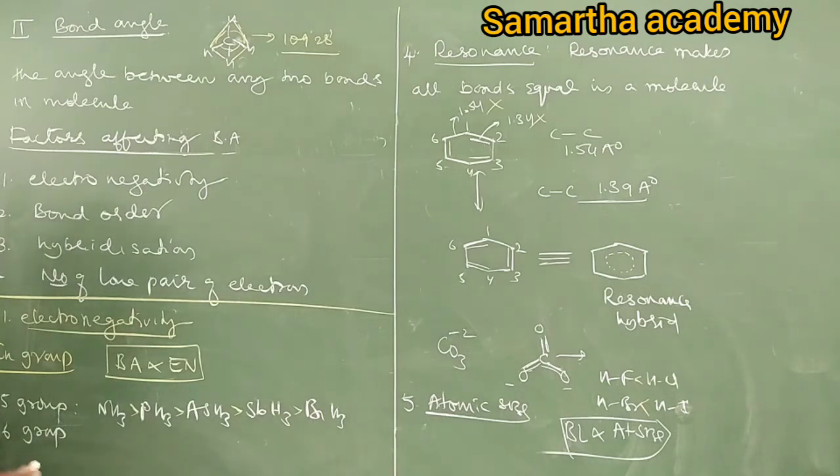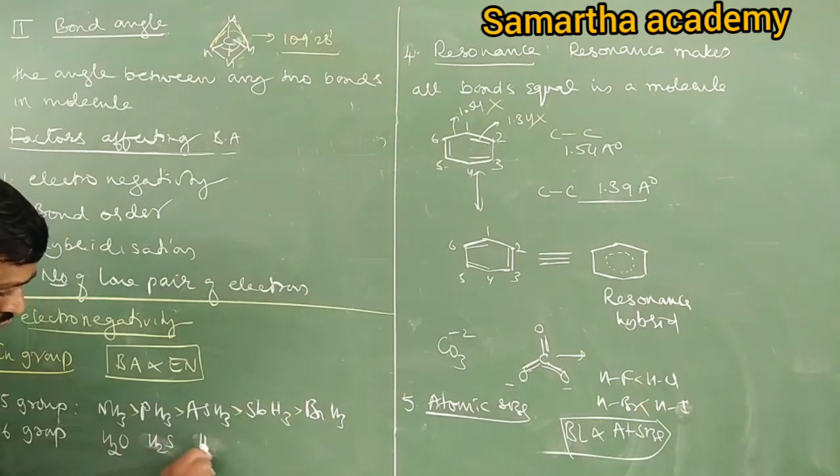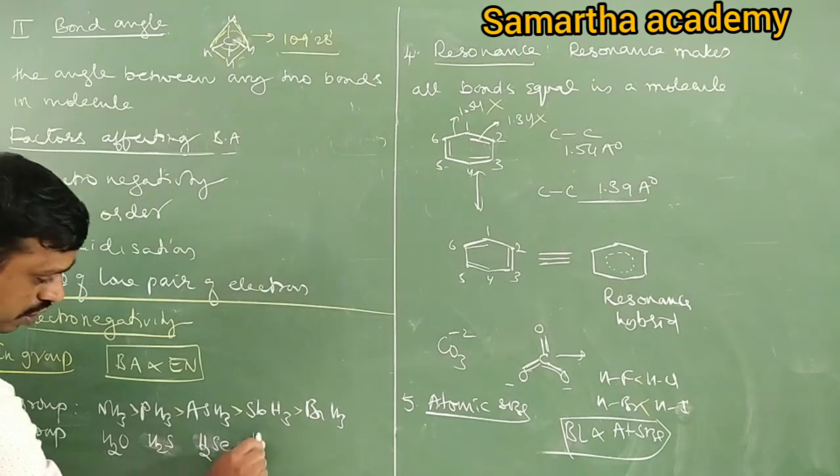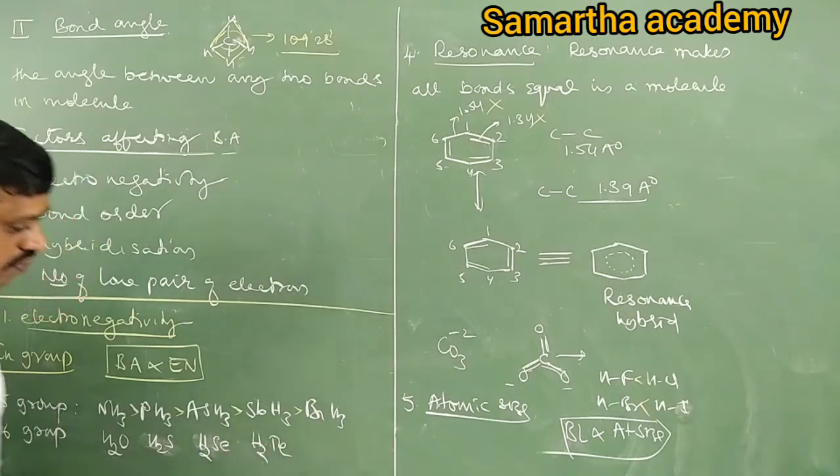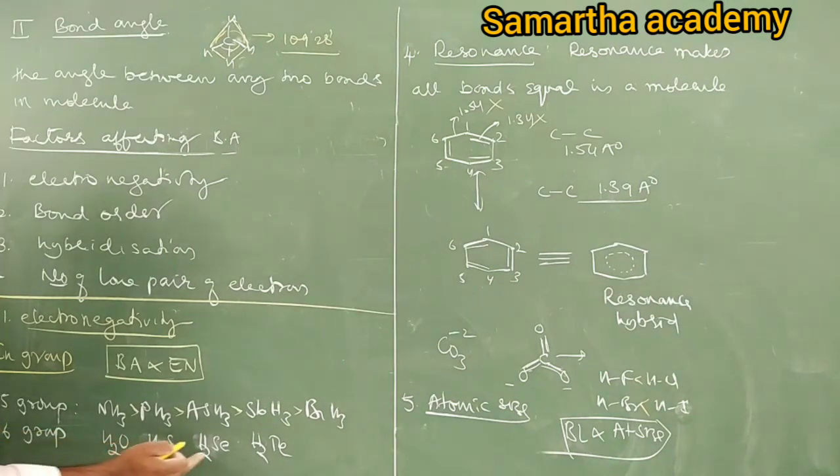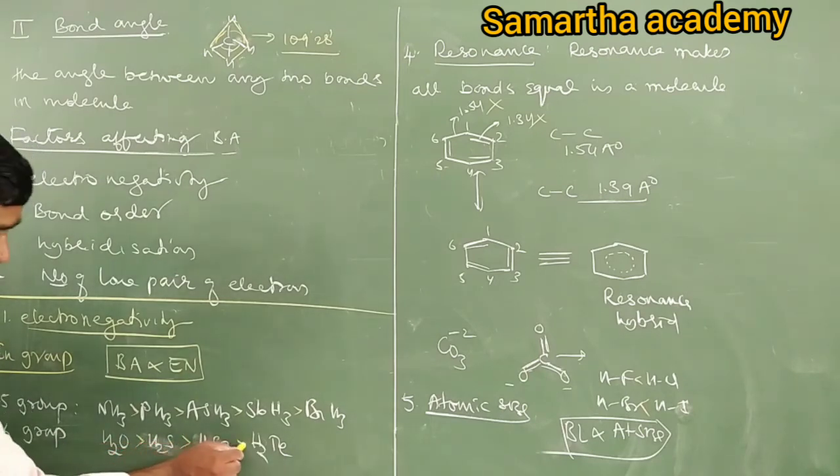Similarly, 16th group hydrides: H2O, H2S, H2Se, H2Te. Polonium is a radioactive element. Okay, then what happened there? Oxygen, sulfur, selenium, tellurium, electronegativity decreases, therefore bond angle also decreases.